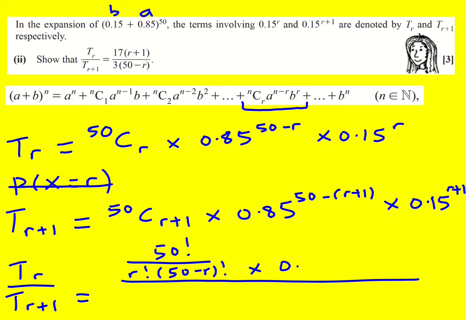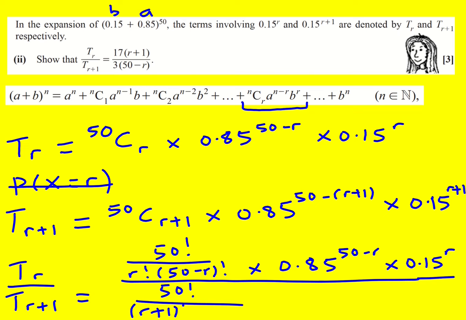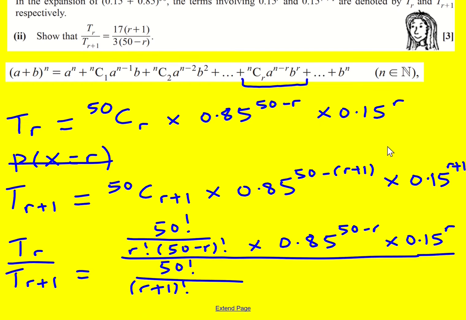And then I'm going to times by those things as before. On the bottom, 50 factorial over R plus 1 factorial, and then it's going to be 50 minus (R+1), which is in fact going to become 49 minus R factorial.